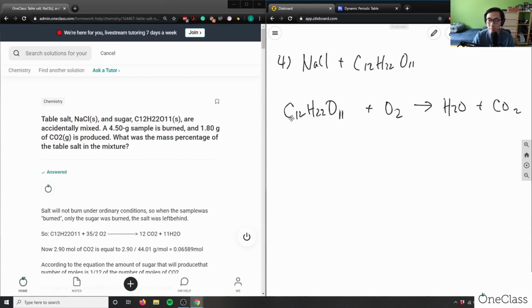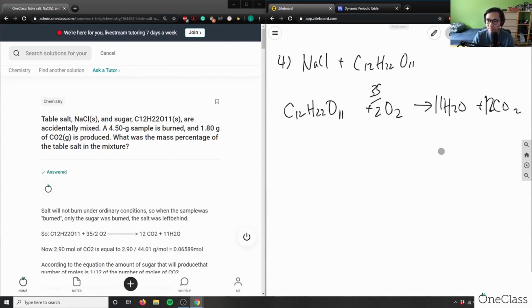There's 12 carbons on this side, which means I need 12 carbons on this side, so I'm going to write 12 here. Hydrogen, there's 22, and I only have 2 on this side, which means I need 11 here. And finally, oxygen: I have 11 oxygens plus 24 here, which means I need 35. So I need 35 over 2 here.